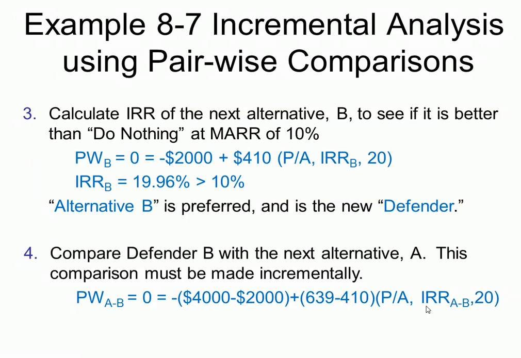And here the rate of return is incremental between A, which is a higher cost, and B, which is a lower cost, over again the same 20 years. So now, right, these two simplify to negative 2,000. This simplifies to 229.